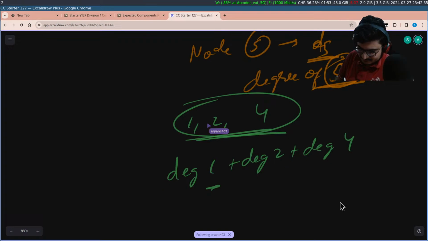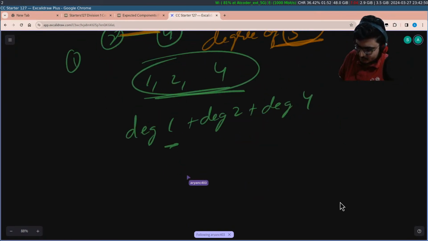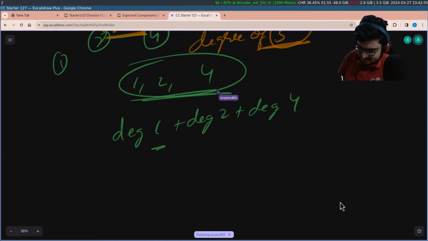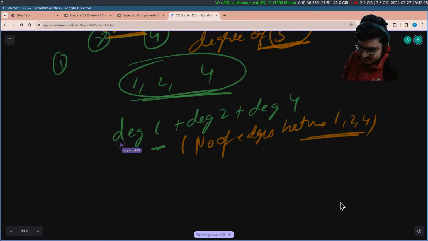For example, when you count the degree of each deleted node, you would count an edge between 2 and 4 two times: once when counting the degree of 4 and once when counting the degree of 2. So we can take the sum of degrees of 1, 2, and 4 and subtract the number of edges between 1, 2, and 4, because they would be counted 2 times in the degree part.